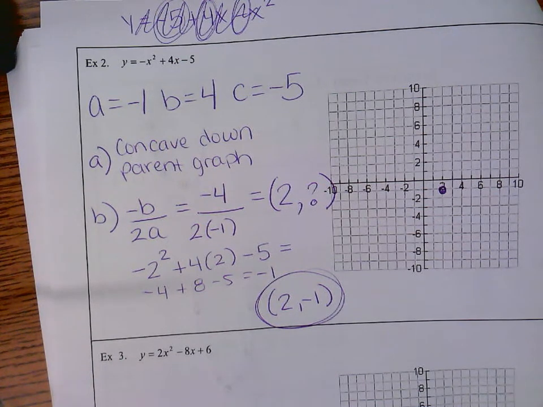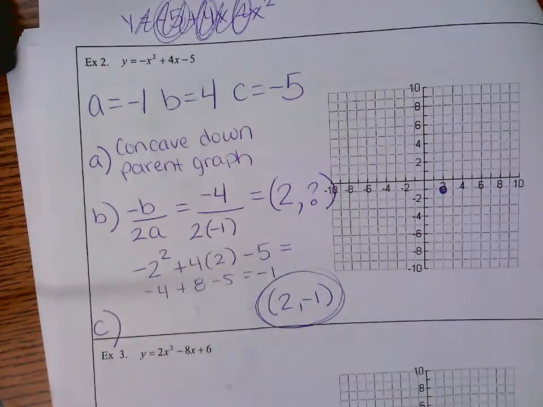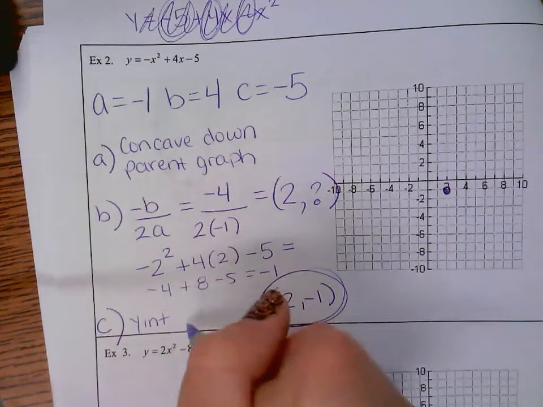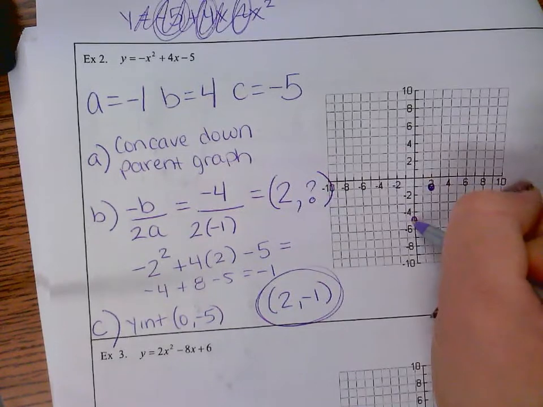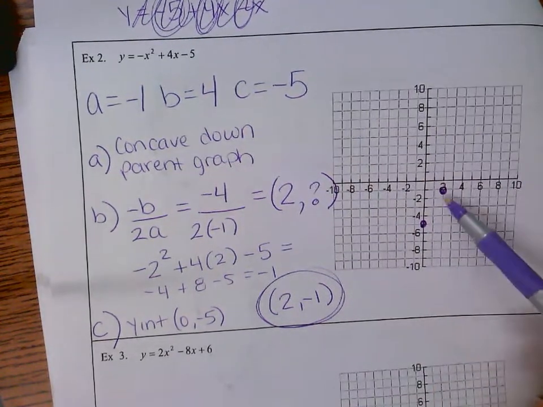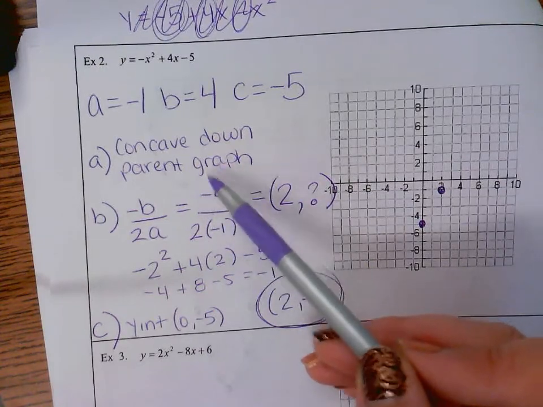And what's the last piece that I should check? If I do the ABCs, what does the C value tell you? The y-intercept should be at 0, -5 if this is all going correctly. So maybe that would help remind you that, oh yeah, this is concave down. It is the parent steepness.